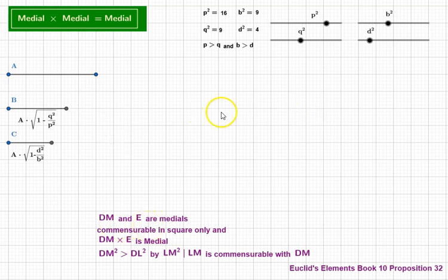We start off by taking three straight lines A, B, and C, which are commensurable in square only. We start with a straight line A, then we take two square numbers P square and Q square, such that P square is greater than Q square, and the difference between these two is not a perfect square.